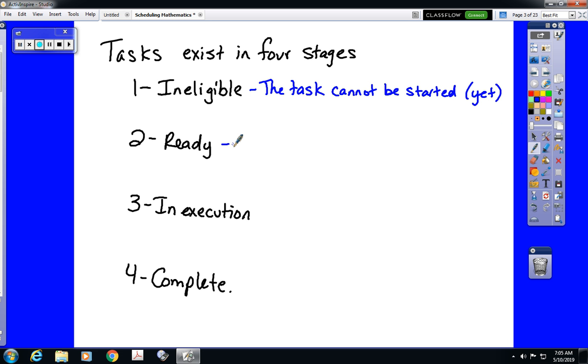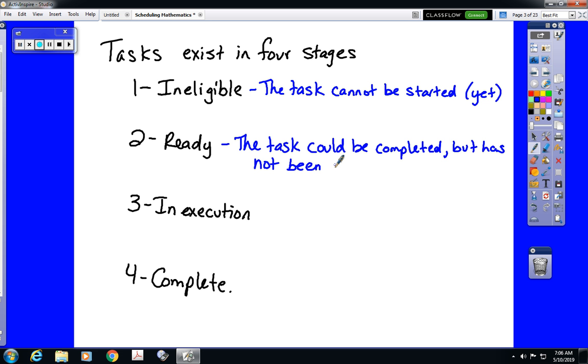Now, eventually, the task will be ready to begin. And in that case, it would exist in the second stage, the ready stage, which means the task could be completed, but we have not assigned it to a processor yet, and it has not been started. Third, the task could be in execution, which means the task is in the process of being completed.